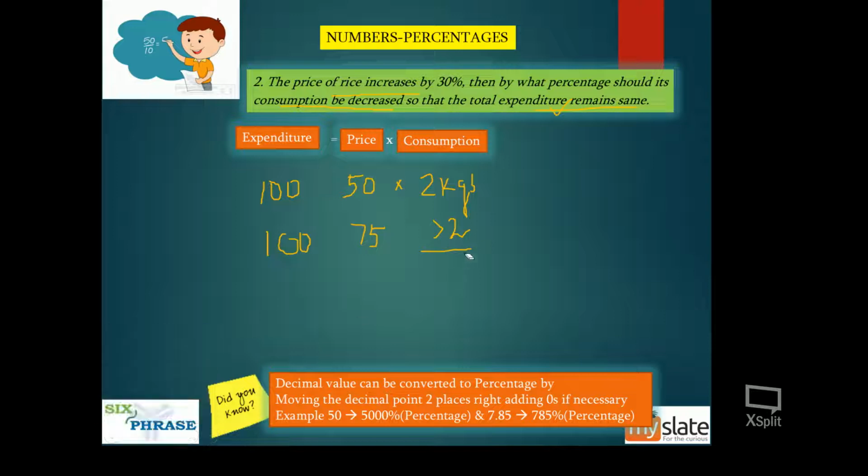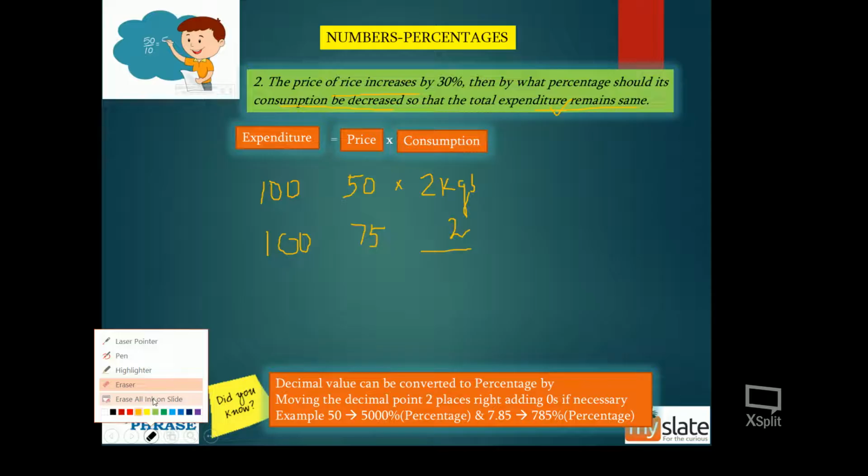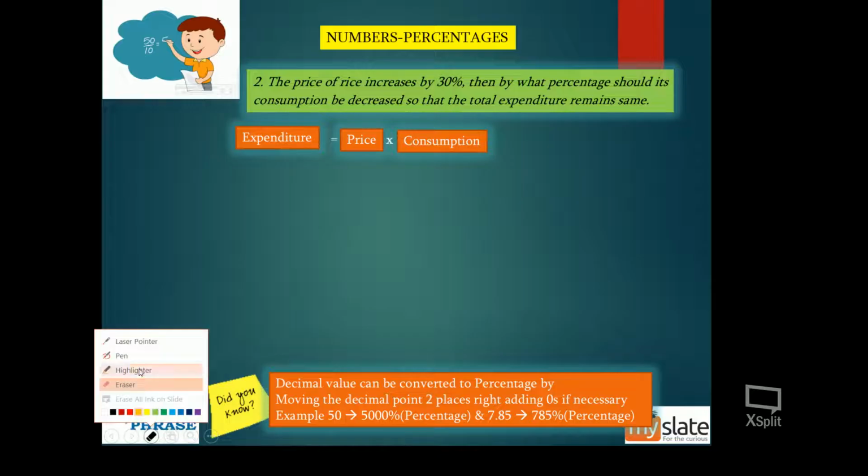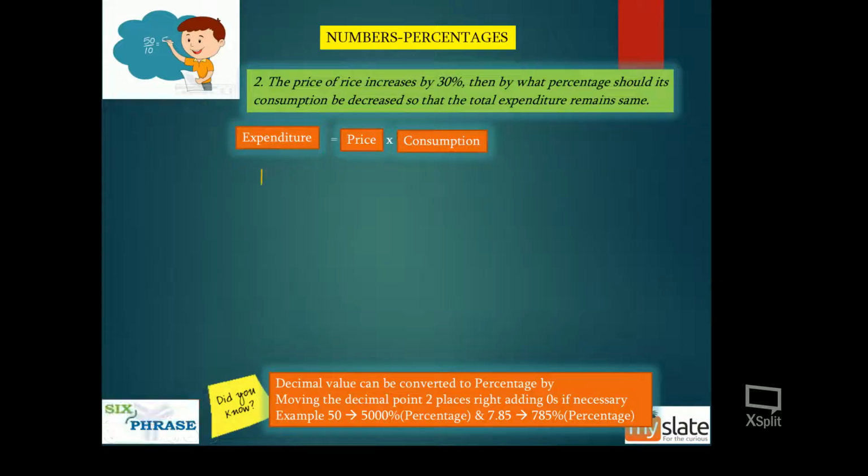Anyway, we'll get it back on track. So this is 100, this is 100, and this is the price, this is the consumption. Price is 50, price is 75.